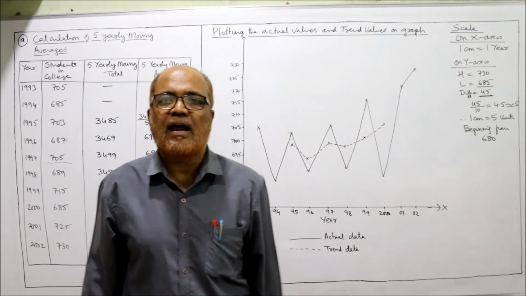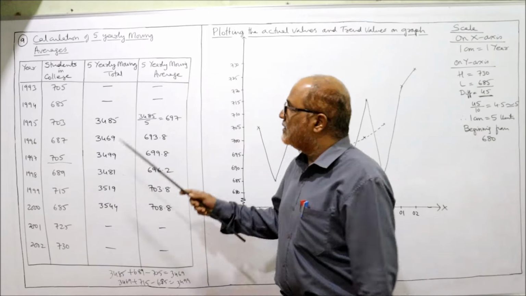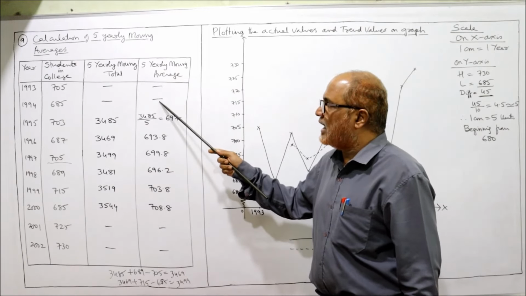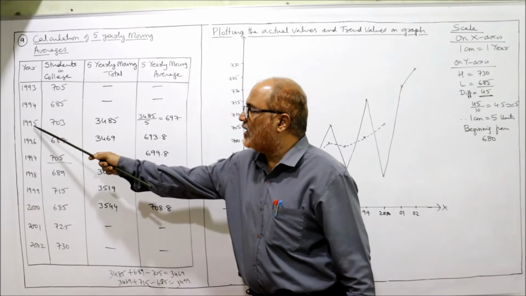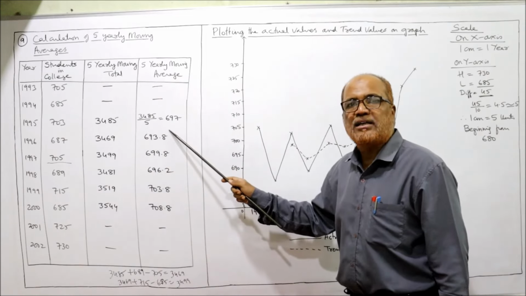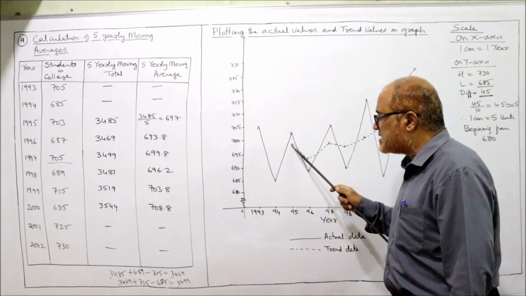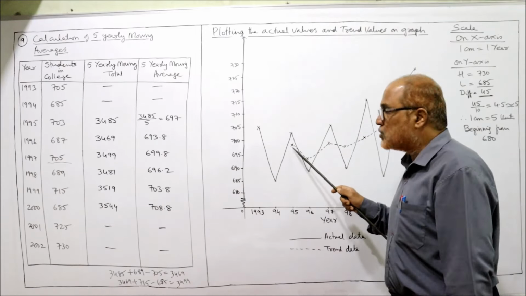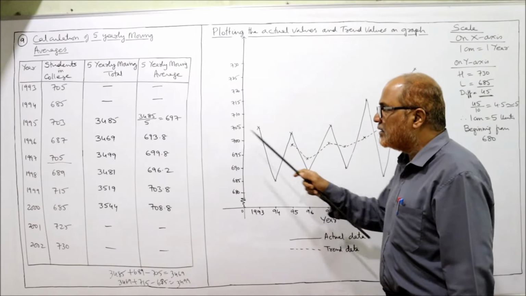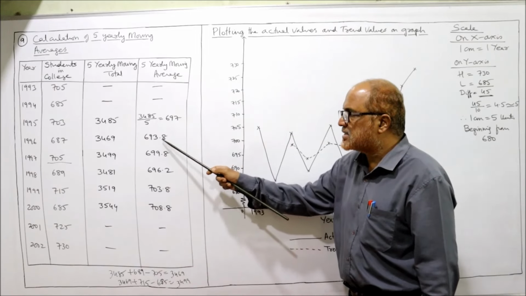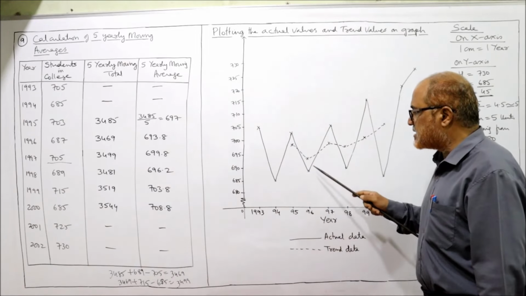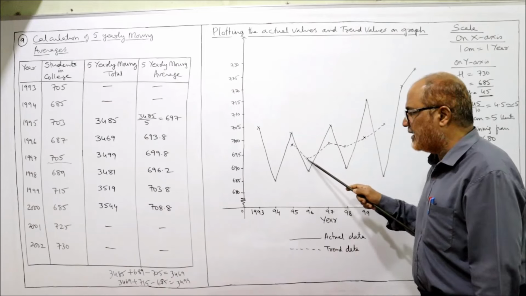Now we have to plot the graph for the trend values. The trend values we don't have for 93 and 94. We will have the trend values from 95. So 95, 697. This is 1995. 697 is somewhere here. So I'm putting a mark here. Then 1996, 693.8. 693.8 will lie here.